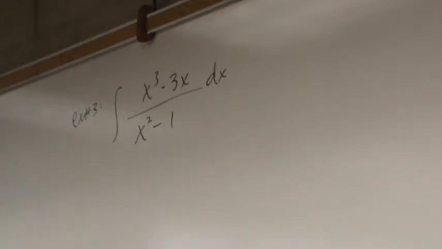Well, no, you'd go x squared minus 1 into x to the third plus 0x squared minus 3x plus 0.